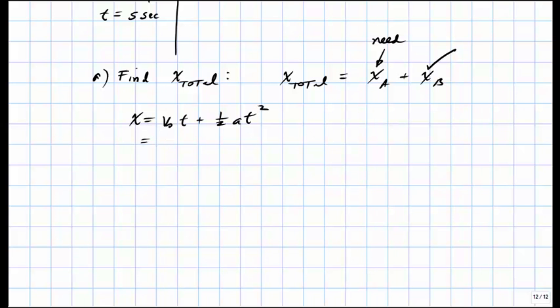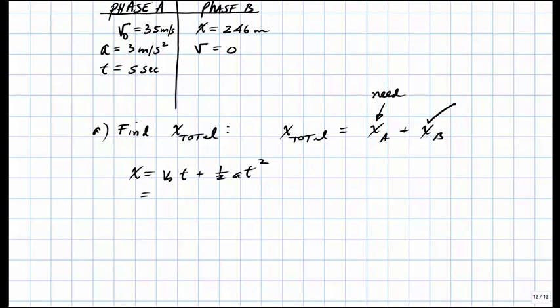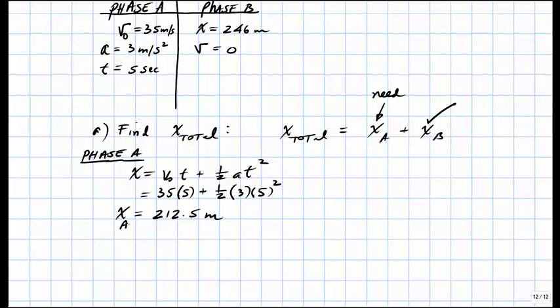Our initial velocity from the table is 35. The time is 5 seconds. The acceleration is 3. And the time, again, is 5 seconds. So if we work this through carefully, our calculator will produce a value of 212.5 meters. Let's note that this work was conducted in phase A. And so this, of course, is just xA.